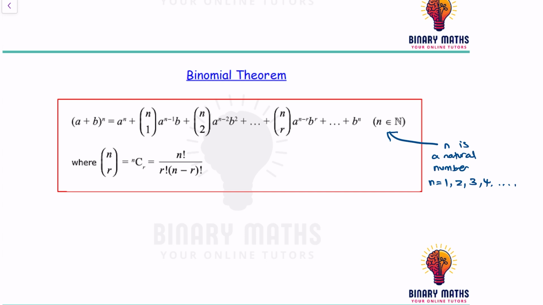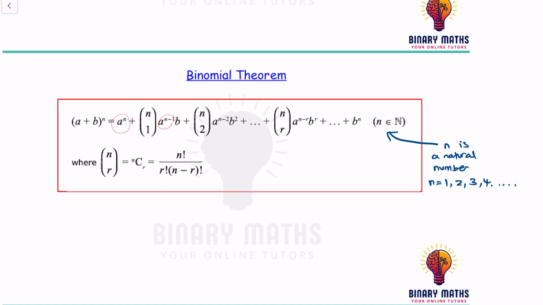So let's look at the patterns here. First thing is a to the power of n. The first term is at the highest power, and then as you go along this sequence, or you can call it series, the power of a is decreasing.